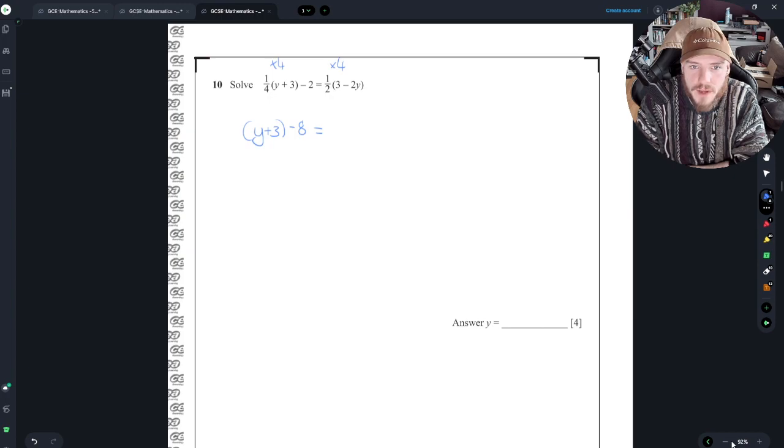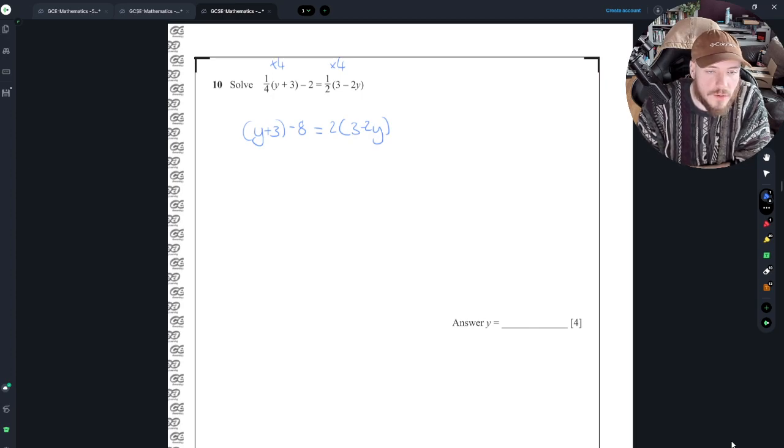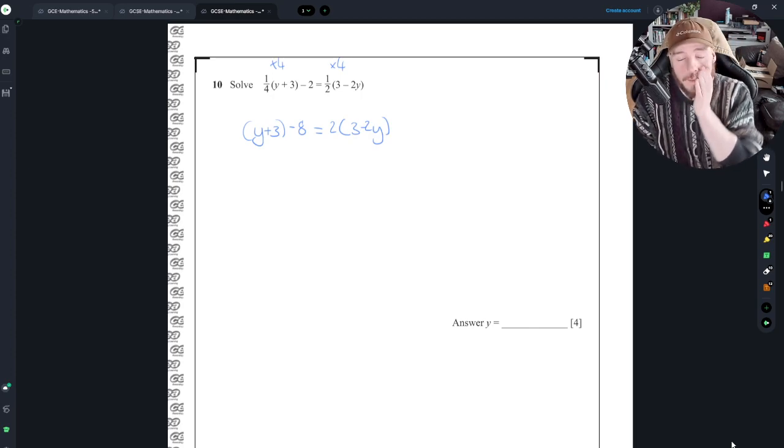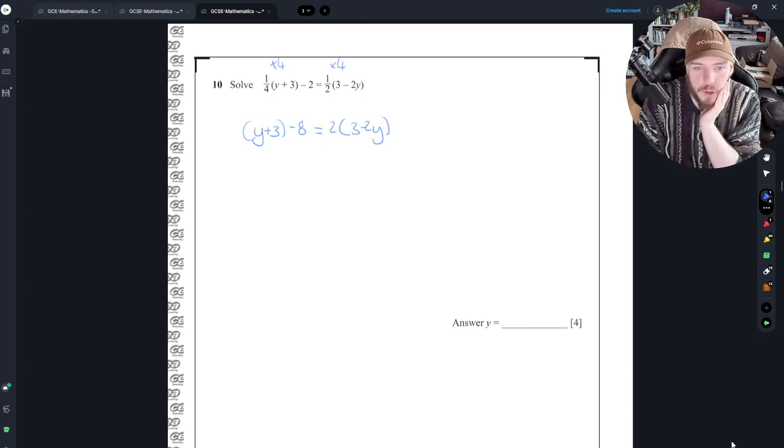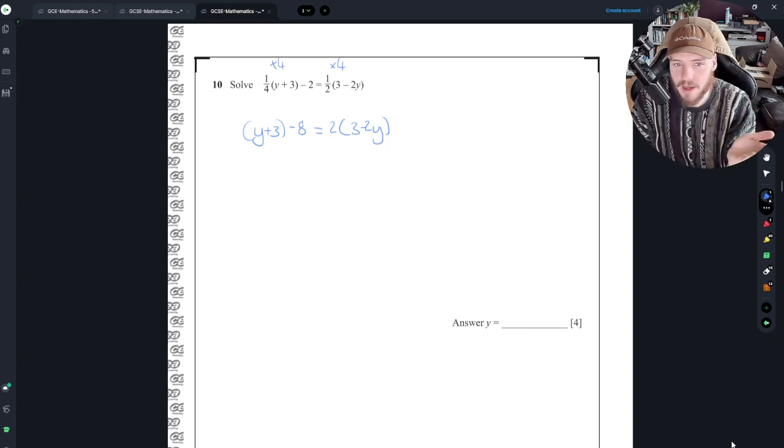Our 4 multiplies by our half, so it'll be 2, 3 minus 2y. Since these are multiplying, if you multiply the 4 through the half, it counts as multiplying through the whole. So we have y plus 3 minus 8 is equal to 2, 3 minus 2y. Looks a lot easier.